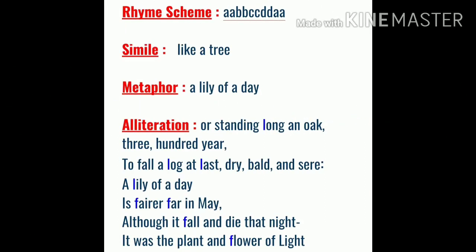Rhyming scheme is the ordered pattern of rhymes at the ends of the lines of a poem or a verse, and in this poem the rhyming scheme is AA, BB, CC, DD and AA.